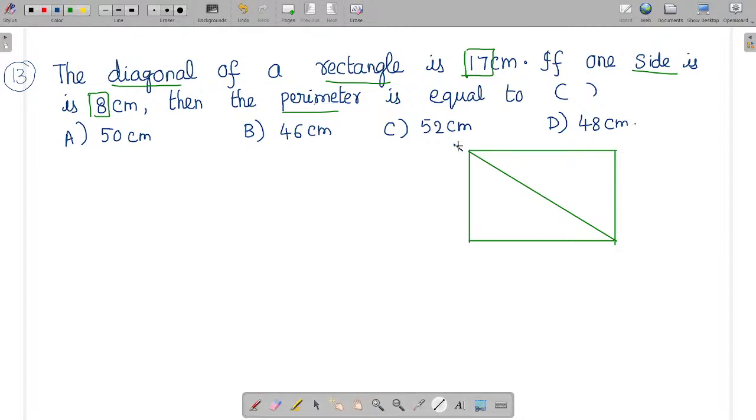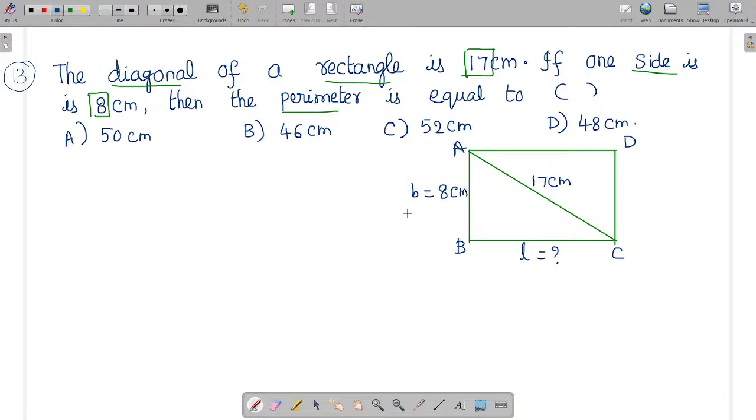Say this is A, this is B, this is C, this is D. So what is given? The diagonal is given, that is 17 centimeters. For example, one side is given, say that is 8 centimeters. Then the other side is not given. Let us say this is L, question mark, this is B, this is the diagonal.